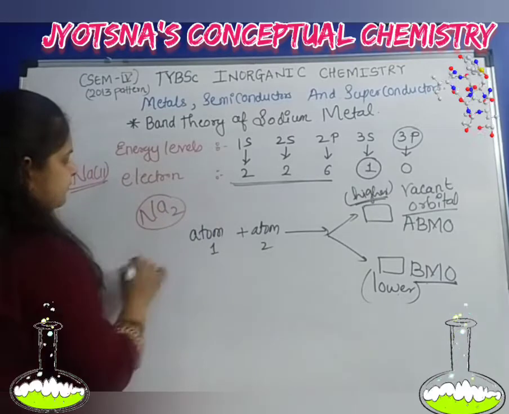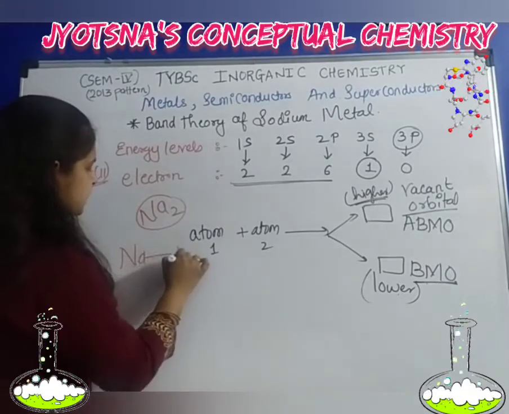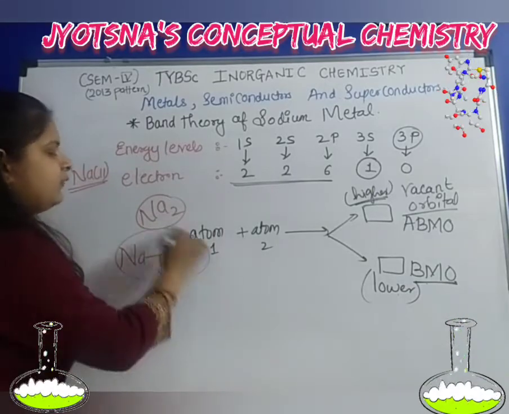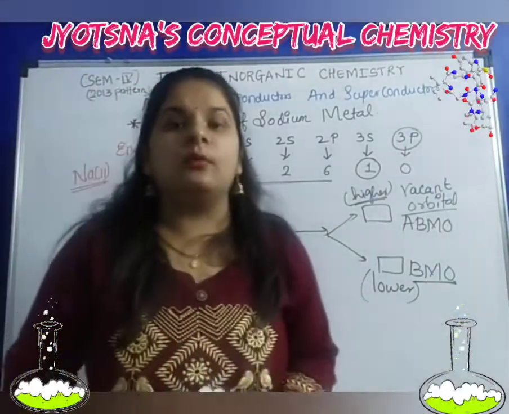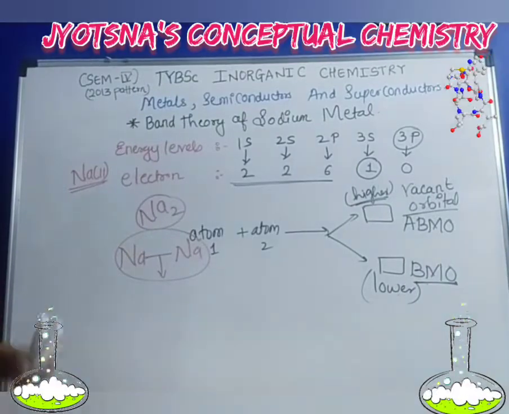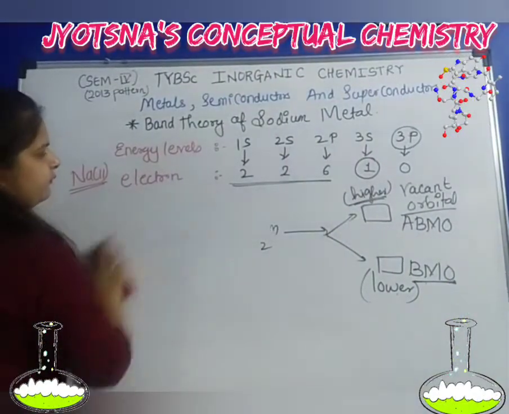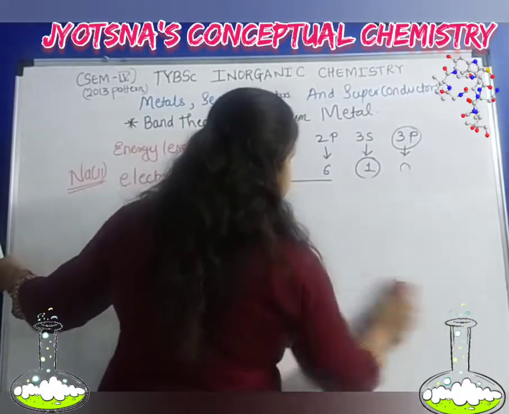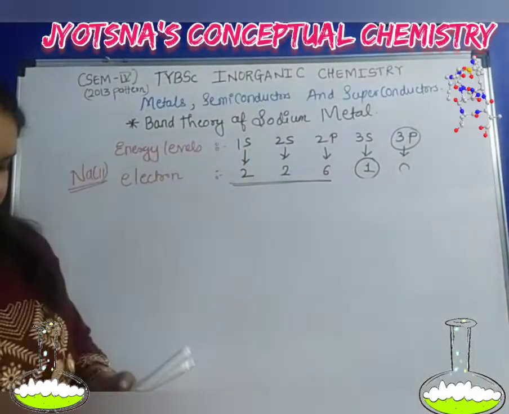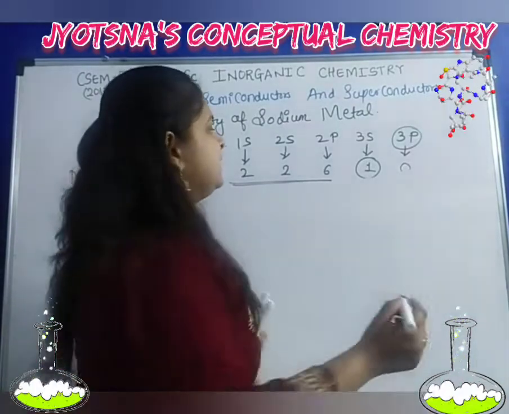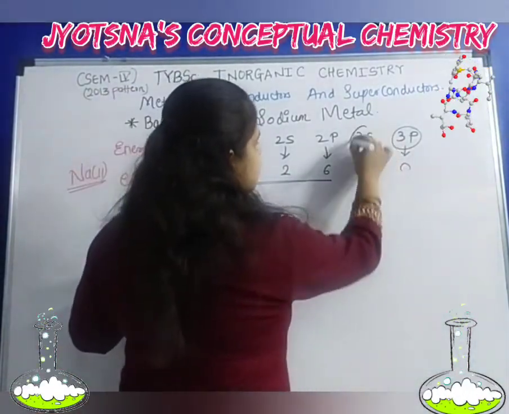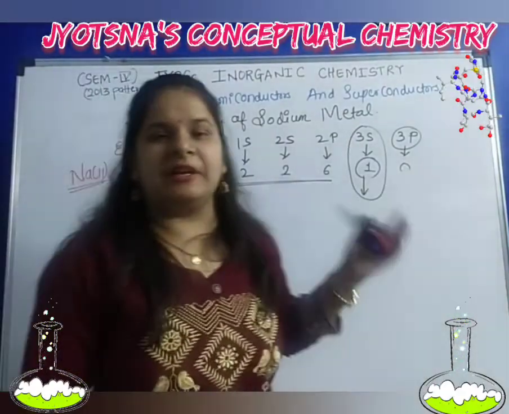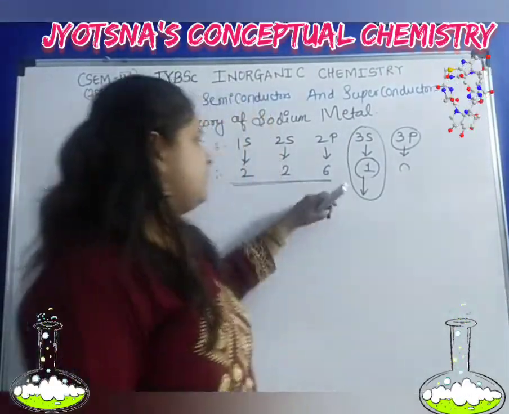The Na2 molecule contains metallic bonding in it, and we will see its formation. Now here we will consider only the outermost shell, because the inner shells are completely filled and stable, so we will not consider them.